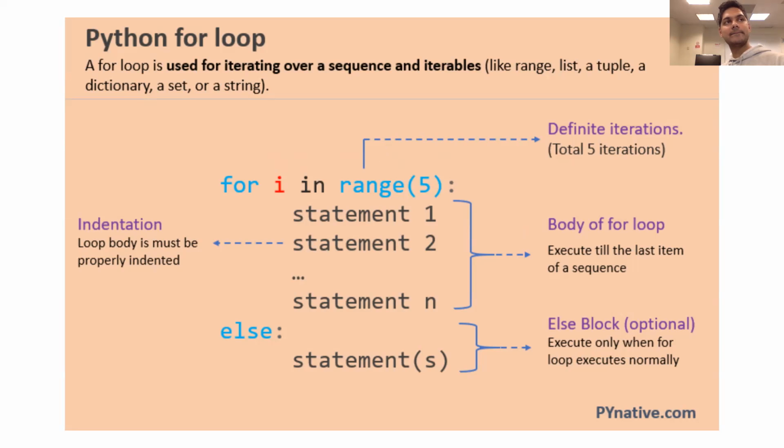We would start with the value 0 and keep iterating. i would be set to 0, do all this stuff in the body, then i is set to 1, do the body, and keep going until i is equal to 4, do the whole body, and that's it. That's how the for loop works for that range part.